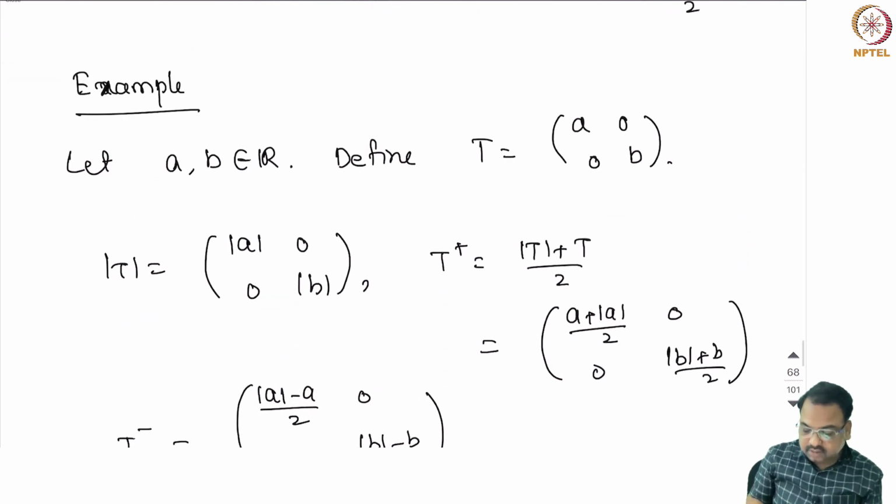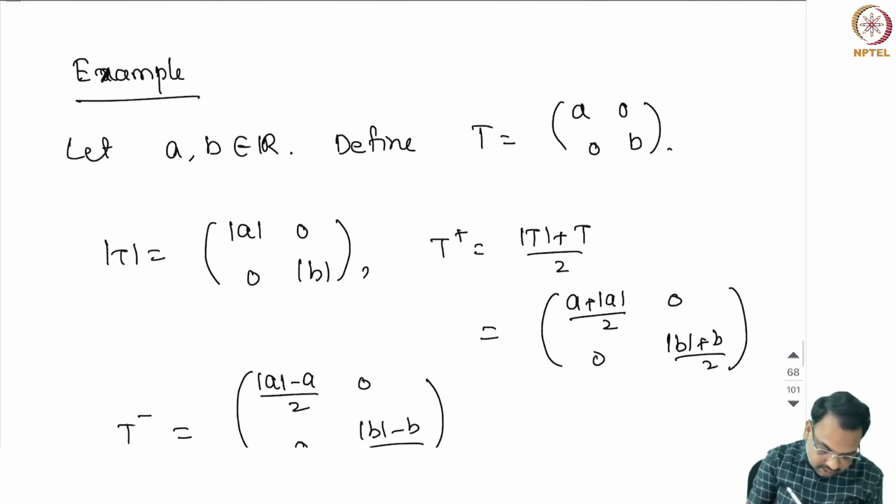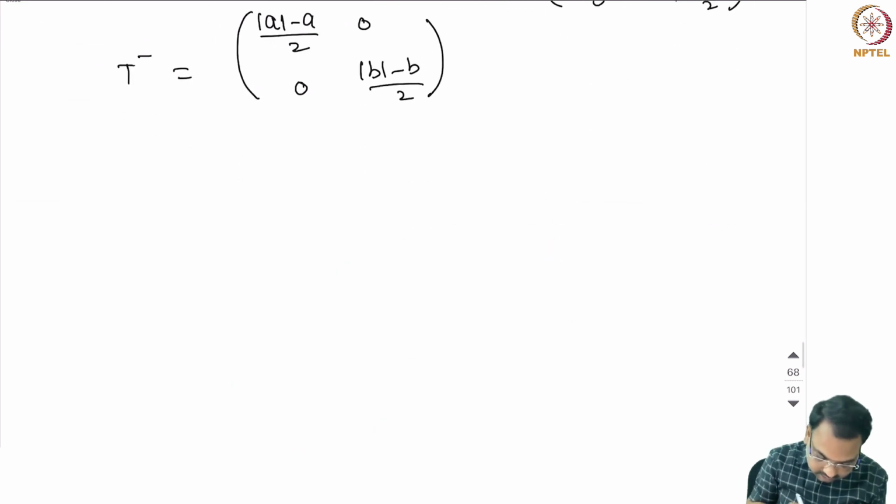When it is given in this way, we know that T is a self-adjoint matrix, and in fact it gives a self-adjoint operator. Now let us slightly generalize this.